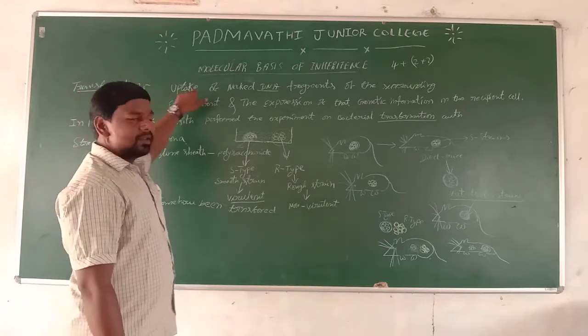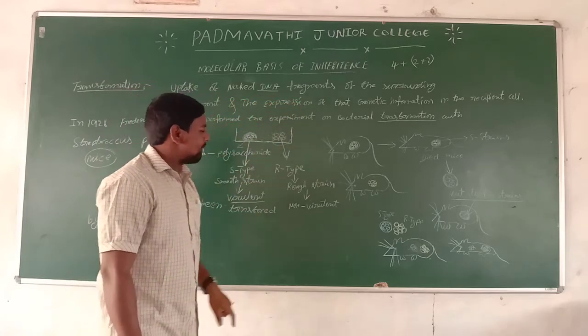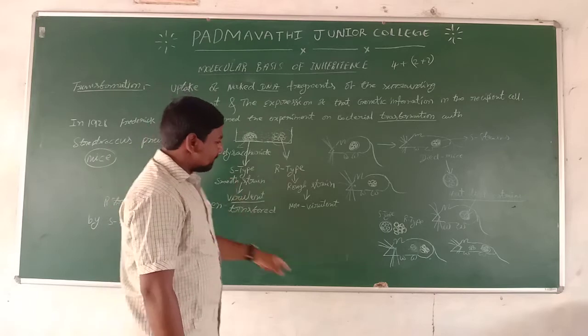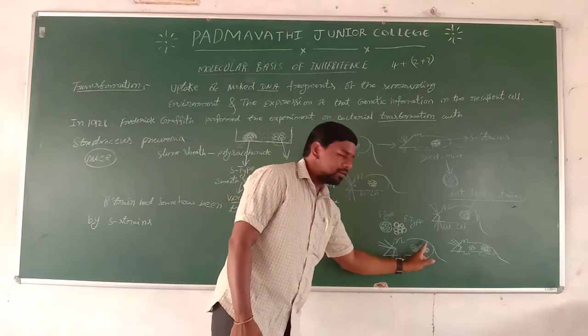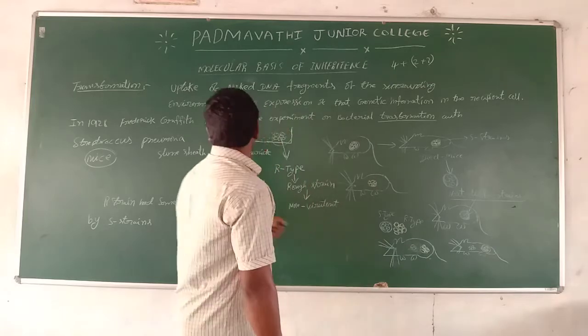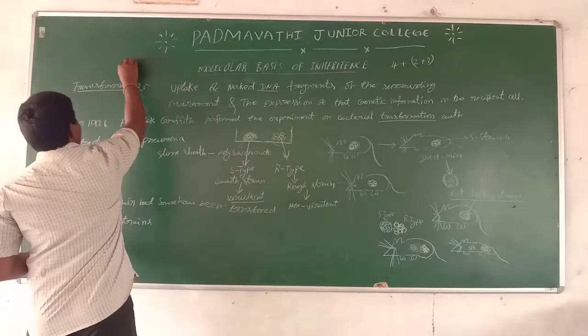Already we have defined it as the uptake of naked DNA fragments from the surrounding environment, which means here S strain to R strain. This is the transformation. This is very important, a 4 marks question.